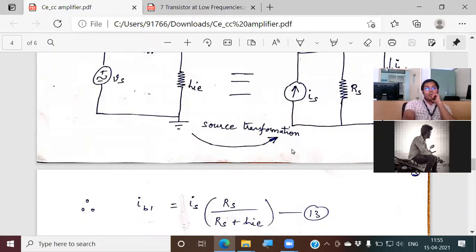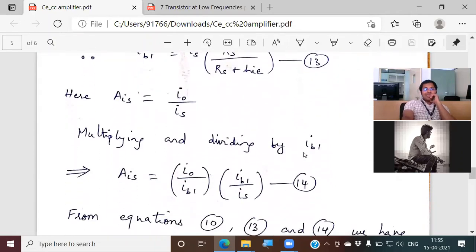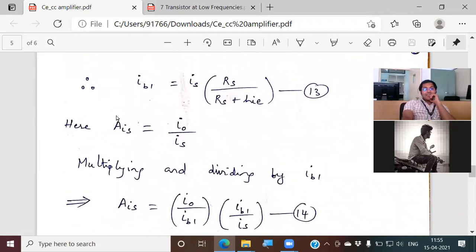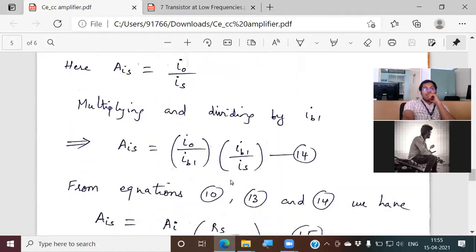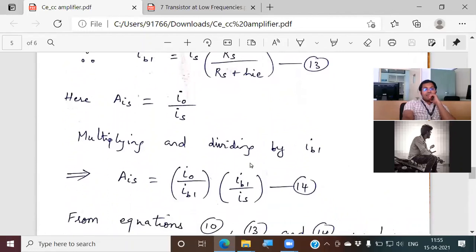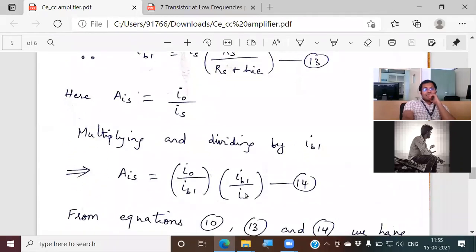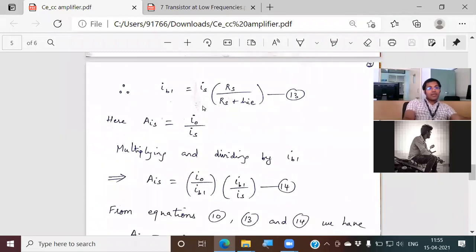We are giving some equation number here. This AIS we have already discussed. We are multiplying and dividing by IB1 so that this becomes AI. This IB1 by IS comes from the current division rule that we just used.